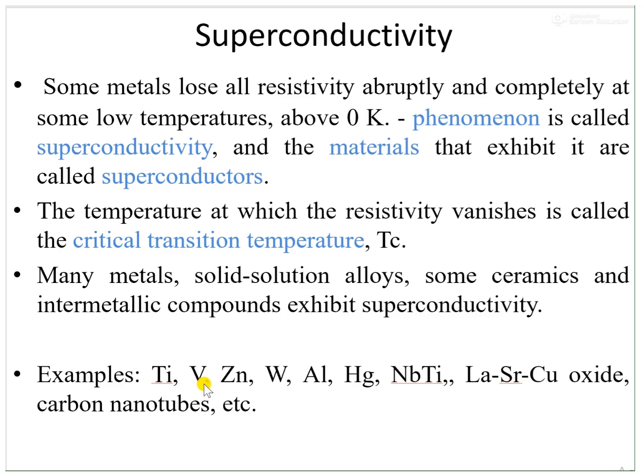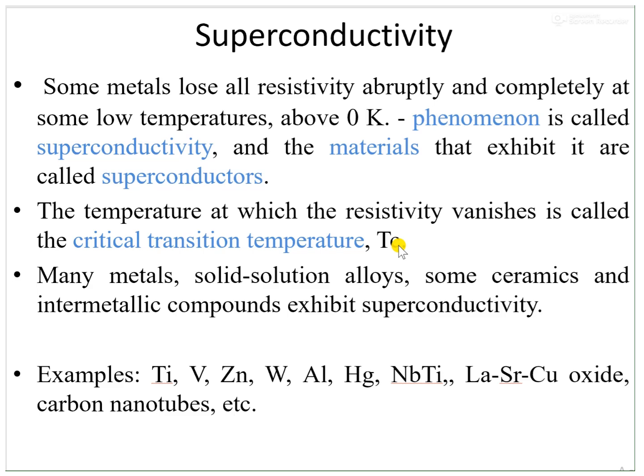The temperature at which the resistivity vanishes is known as the critical transition temperature. You can say the temperature at which resistivity is 0 and conductance is 100% is called the critical temperature. Many metals, some solid solution alloys that are mixtures of two metals, and some ceramics or intermetallic compounds may be examples of superconductivity.